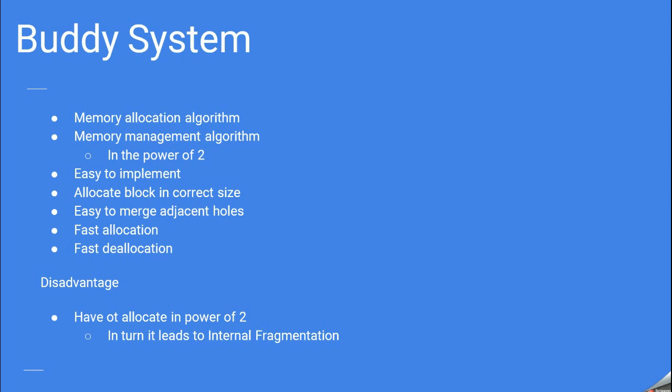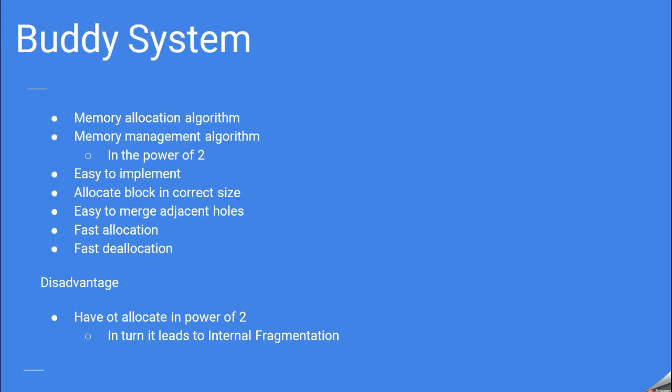A disadvantage is that we have to allocate in powers of 2, so sometimes it may lead to internal fragmentation. For example, if I have to allocate 30 MB, in powers of 2 I can only create a partition of 32 MB, so 2 MB is wasted over there.